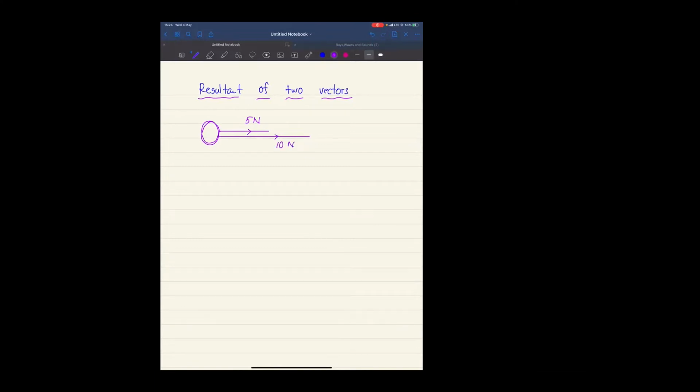Then what is the resultant force acting on it? 5 plus 10, 15 newtons. Anyone can understand that. So if it is in the same direction, you can add them.